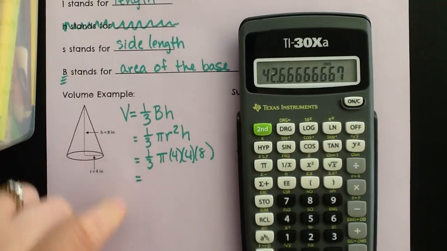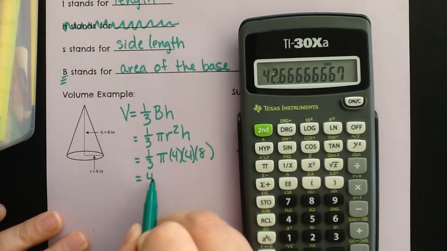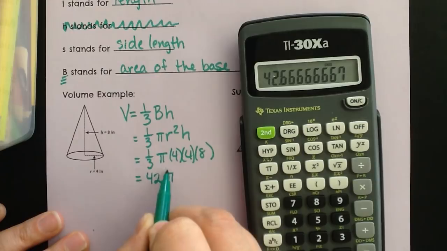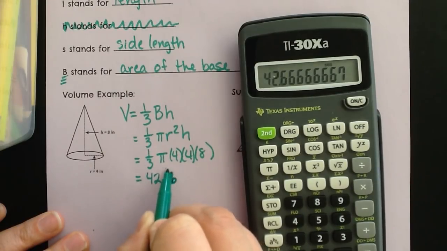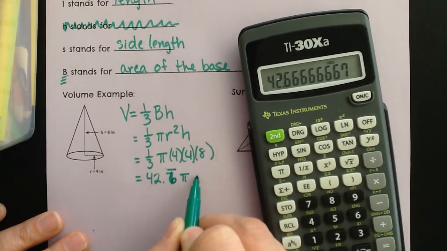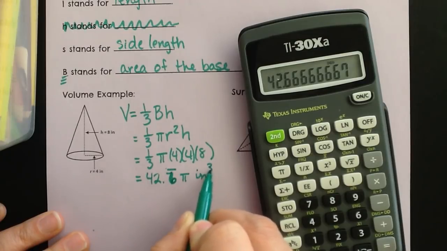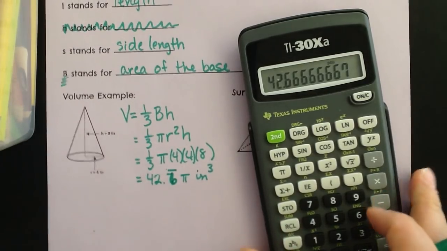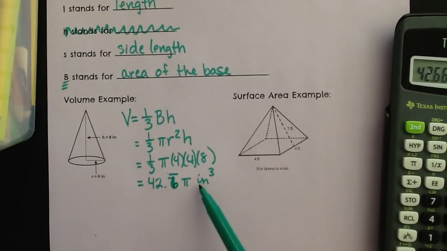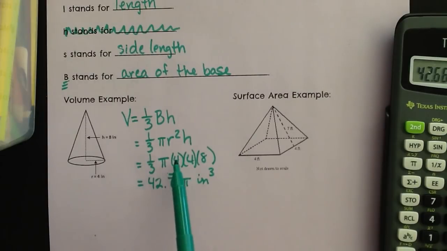And you would have 42.6 repeated, and then pi inches cubed. Because it's volume, you got to include your unit, and it will be cubed. So you can write it like this. You could plug it in where you multiply the 1 with all the numbers and then divide by 3.